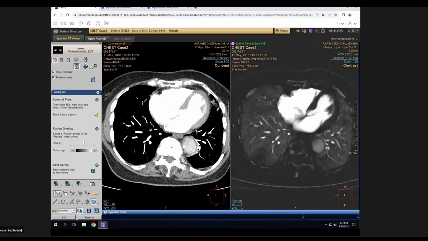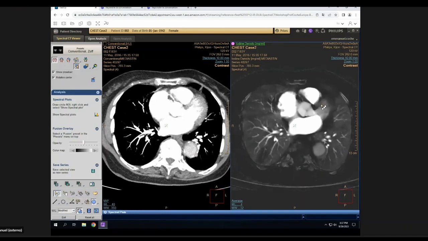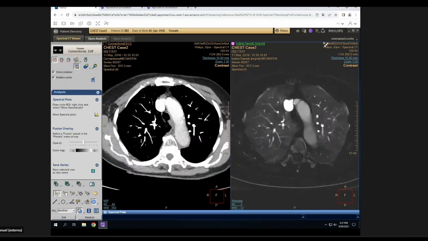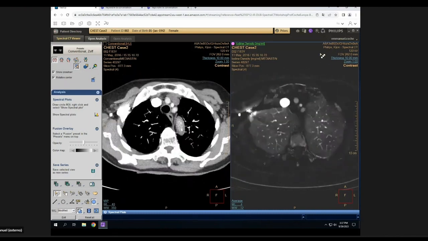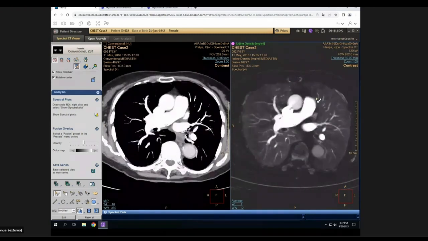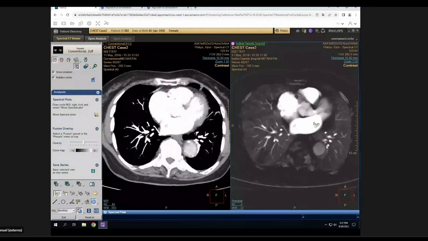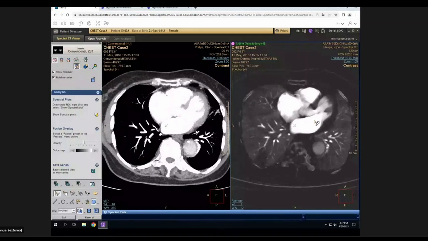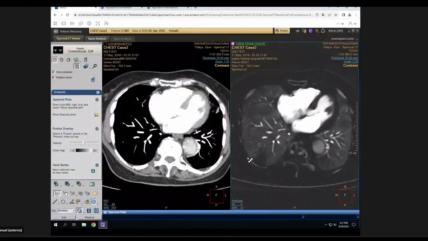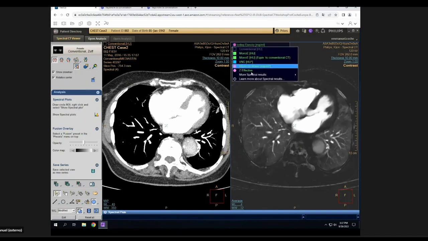And you go to the scrolling button on the left side. And we can inspect the lung window, the lungs. You go, and here you will see appearing like a perfusion deficit here. You see? So you can change your display by going on iodine density, and you go to Z effective, for example.